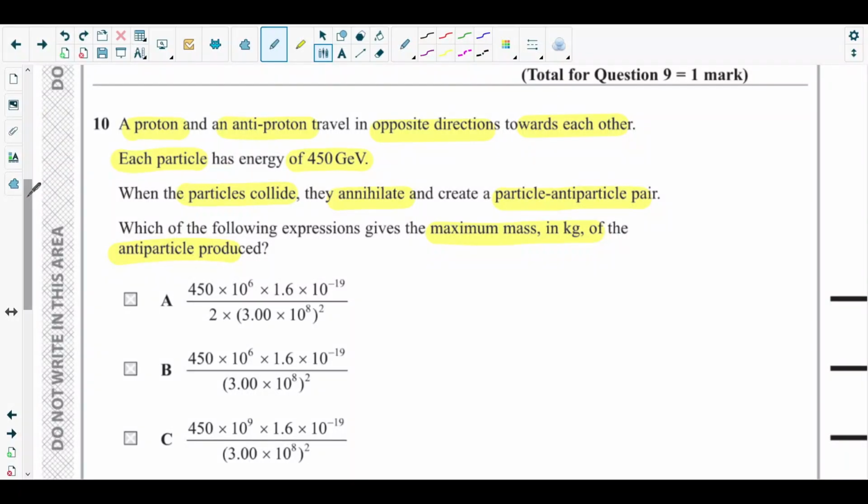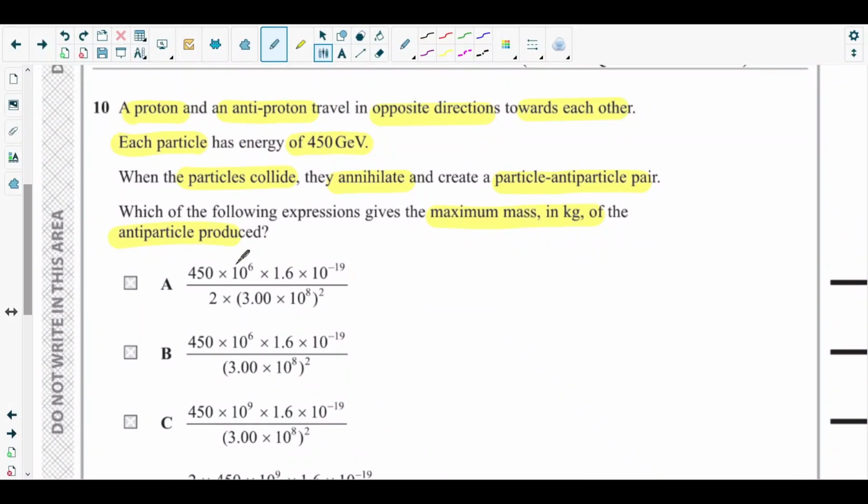Before we see the options, consider in annihilation how the energy is converted to mass. It can be related by the equation E equals mc squared. So from there we need to figure out the mass. So make mass the subject: E over c squared. Here the energy is given. This is the energy for each single particle.